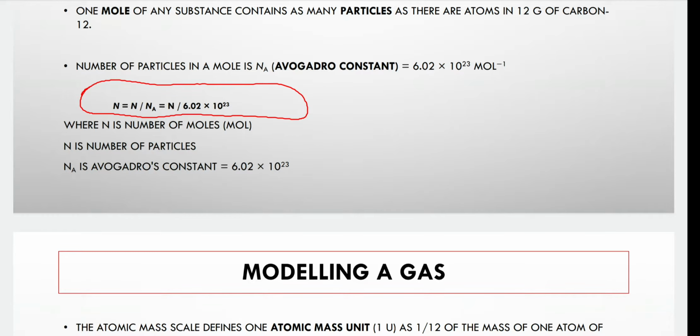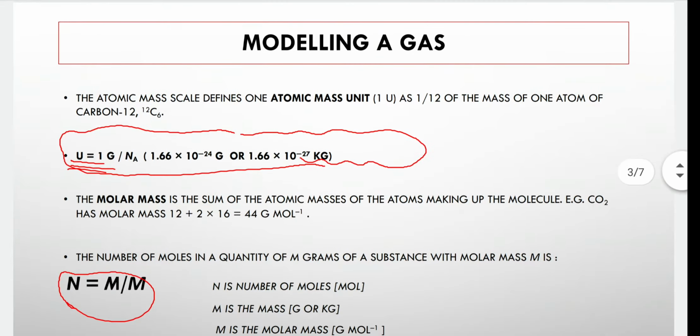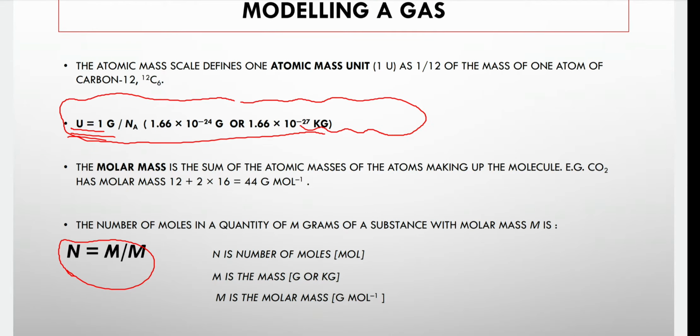So if I want to get the number of moles, n, it equals the number of particles over Avogadro's number. The unit I'm using for these particles is the atomic mass unit.